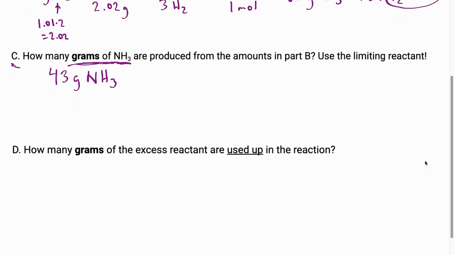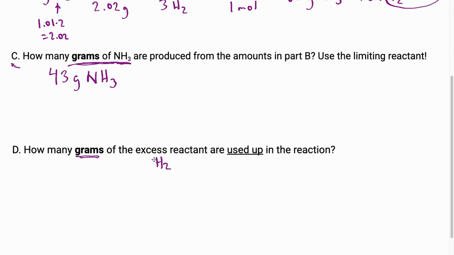So part D, we have the question, how many grams of the excess reactant are used up? So I need to go back up here and see that my excess, I'm going to write this down, is my H2.